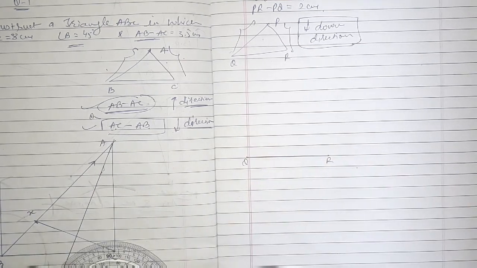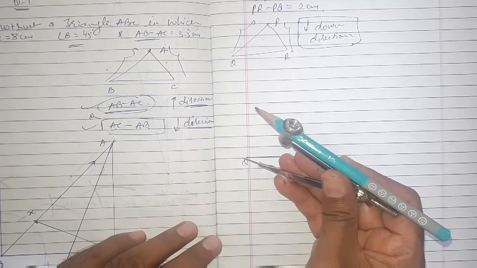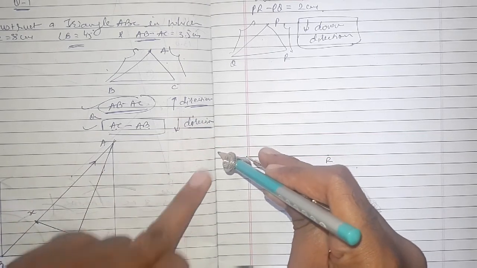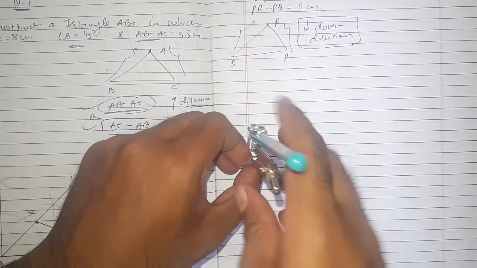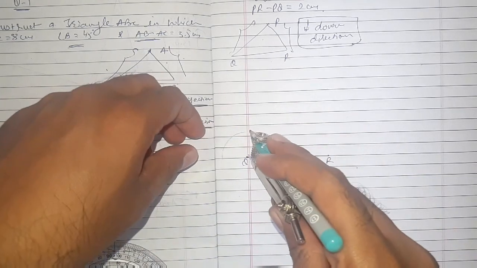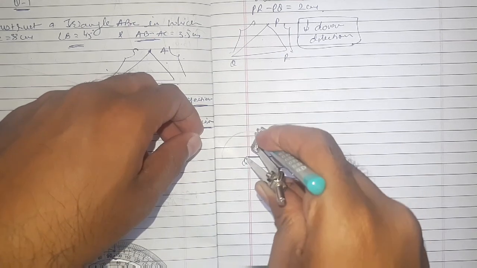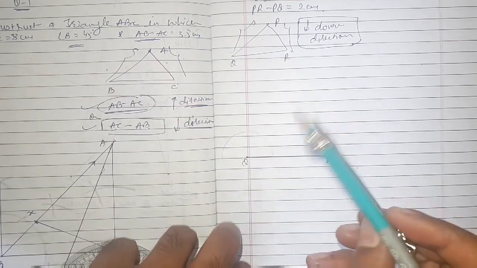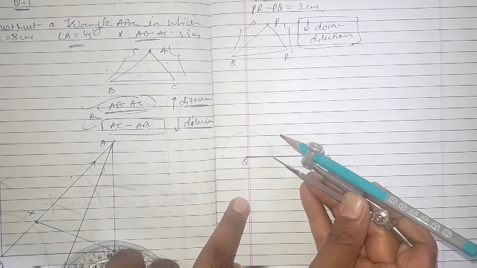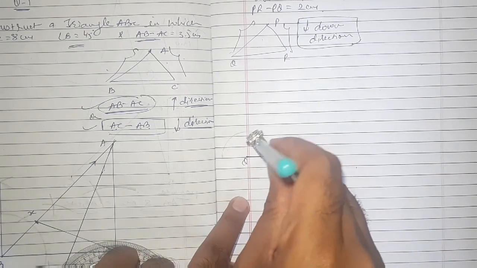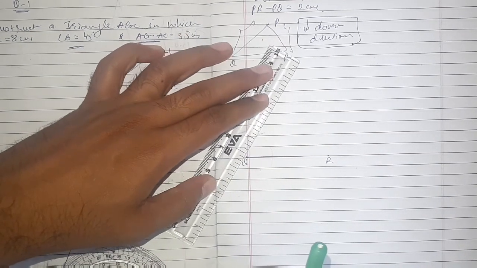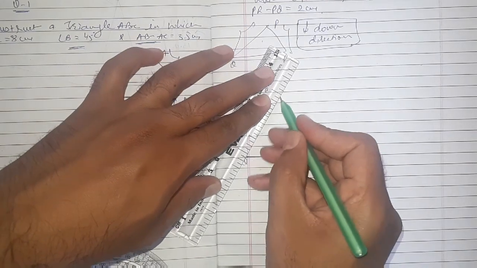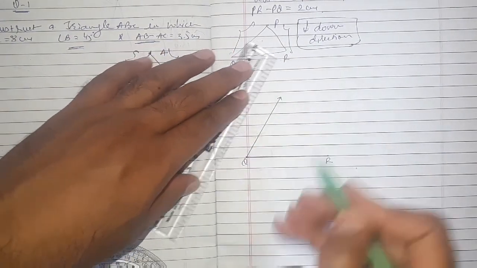It says that from the angle Q, construct a 60 degree angle. So from Q construct a 60 degree angle. For that, first of all draw a semicircle. And after, this is my 60 degree. So construct first of all the 60 degree.